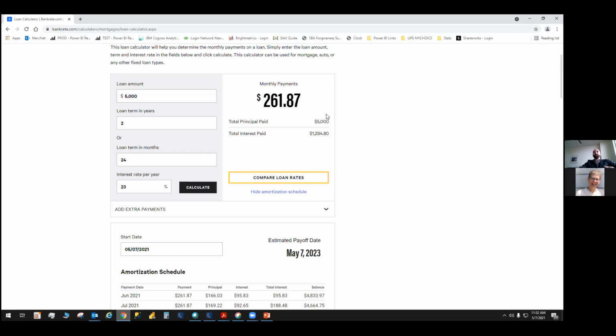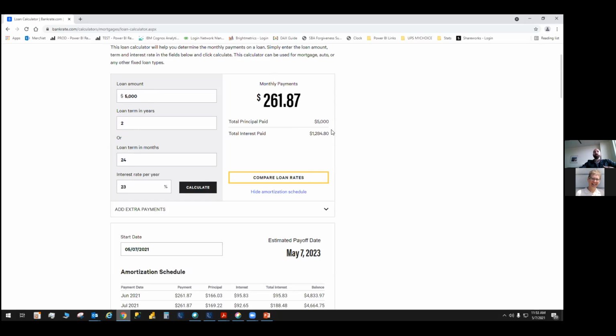My original principal balance, $5,000 plus about 1,284 in interest, so I'm just going to round up to $1,300. So my $5,000 MacBook Pro over a loan term of 2 years or 24 months at 23% interest now is about a $6,300 MacBook Pro.